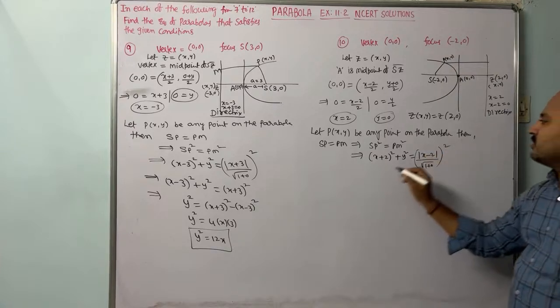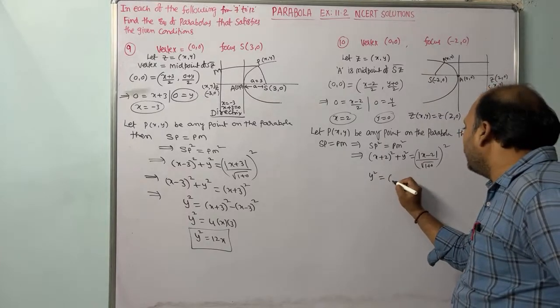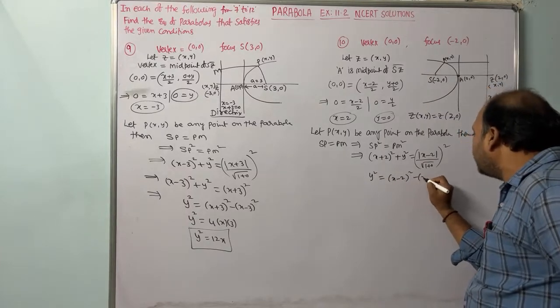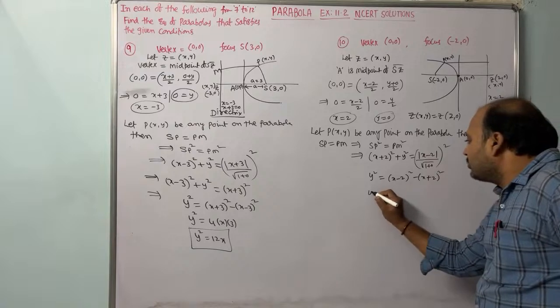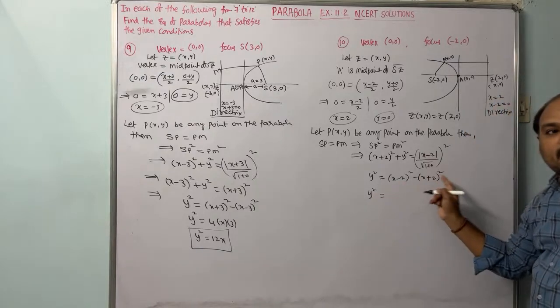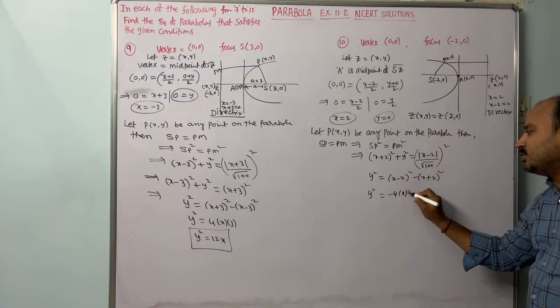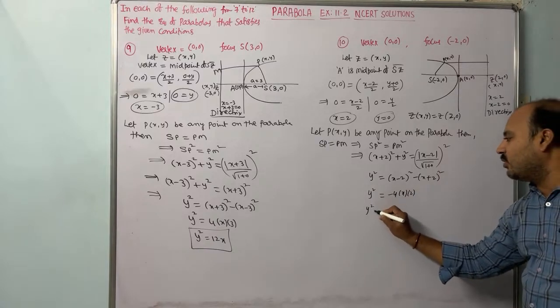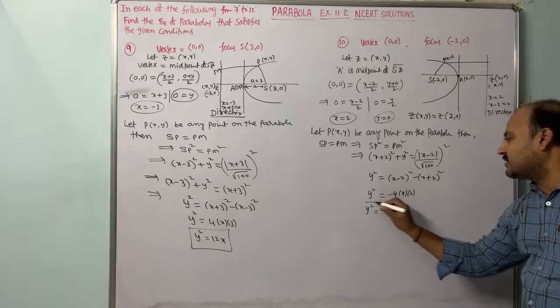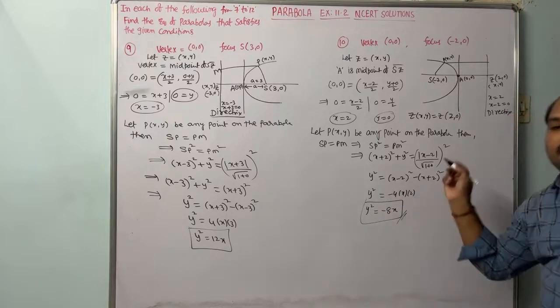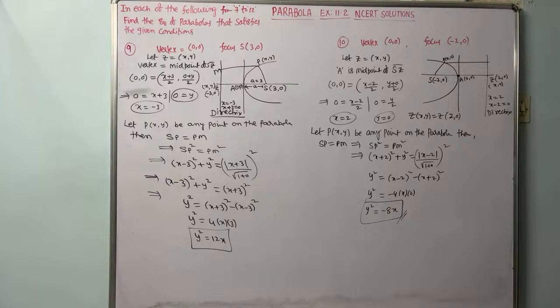So y square equal to x minus 2 whole square minus x plus 2 whole square. So y square equal to a minus b whole square minus a plus b whole square, minus 4 into x into 2. So y square equal to minus 8x. This is the way we can simplify, dear students. I hope you understand.